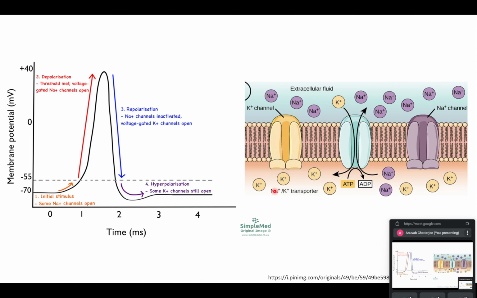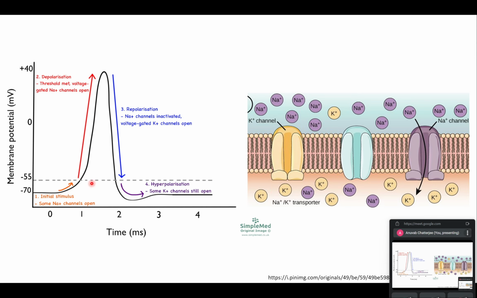Once the neuron is electrically excited, what that means is that somehow the membrane potential increases to a particular value which is known as the threshold voltage.